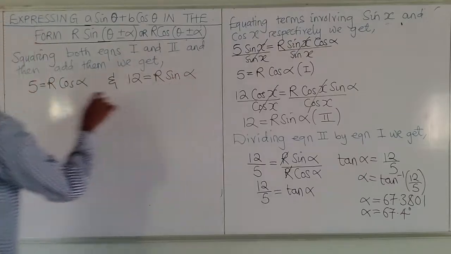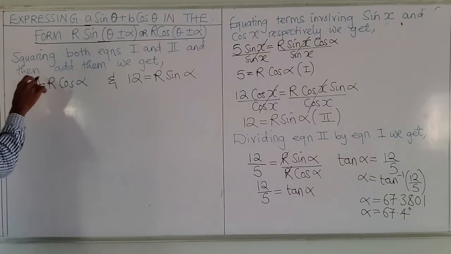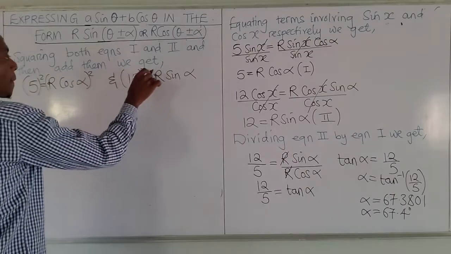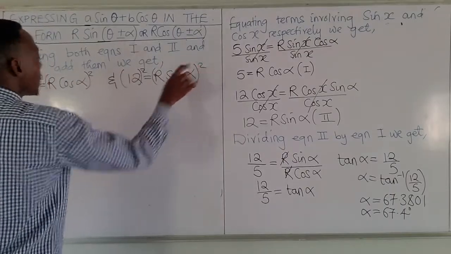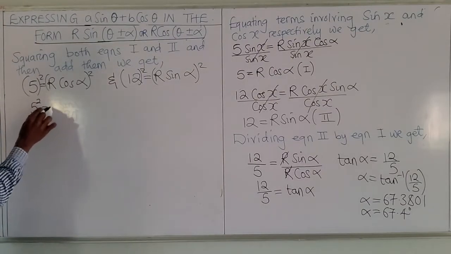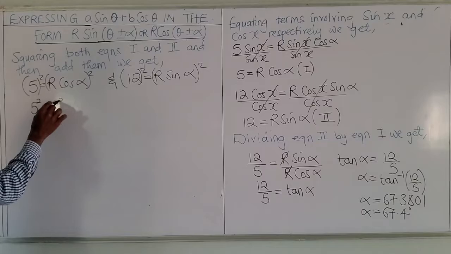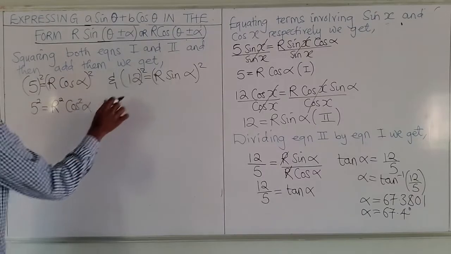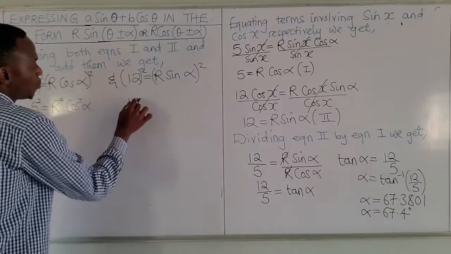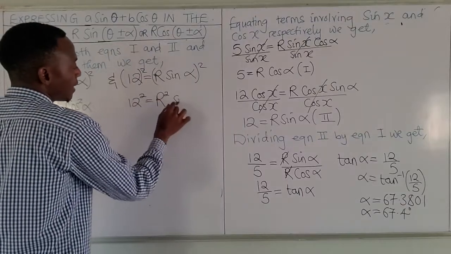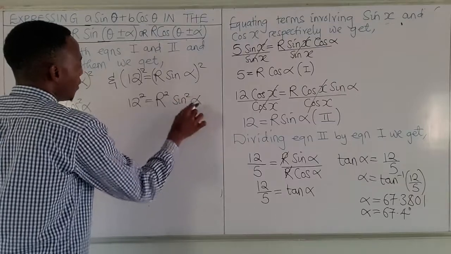So squaring these equations, we get 5 squared is equal to r squared cos squared alpha. And this side we are going to have 12 squared is equal to r squared sine squared alpha.